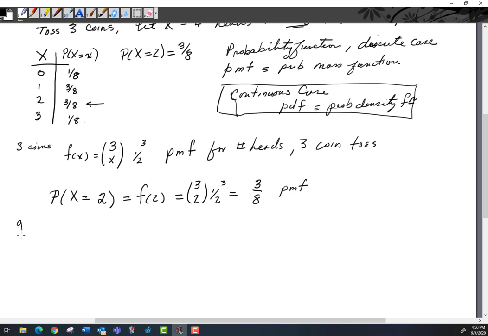So a function g of x can be a probability mass function. This would be a discrete case now.